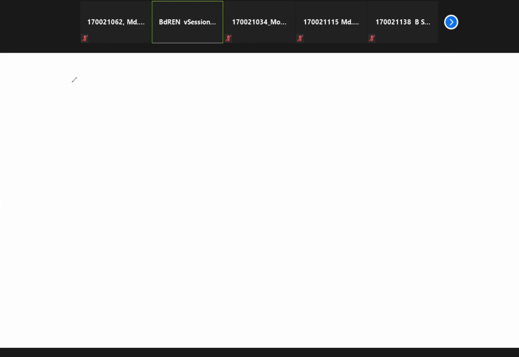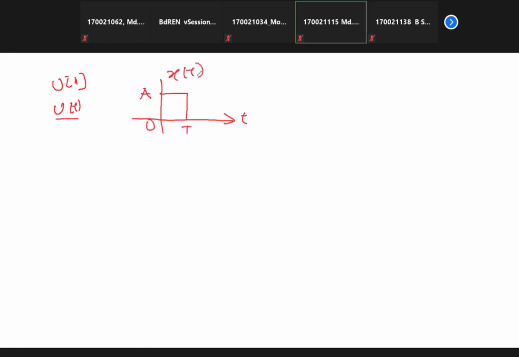Sometimes we can prepare our signal with the help of the two unit step signals that we have learned, for example u[n] and u(t). Tell me, if you want to prepare this signal with amplitude A and duration T, say this is a signal x(t). Is it continuous or discrete? Continuous.